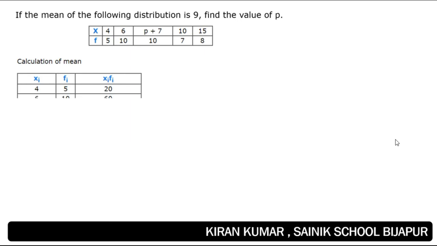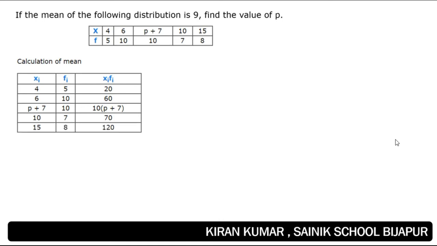Same way, 6 repeated 10 times, we get 60. Similarly, p plus 7 repeated 10 times, we get 10 times of p plus 7. 10 is repeated 7 times, it is 70. 15 is repeated 8 times, it is 120.